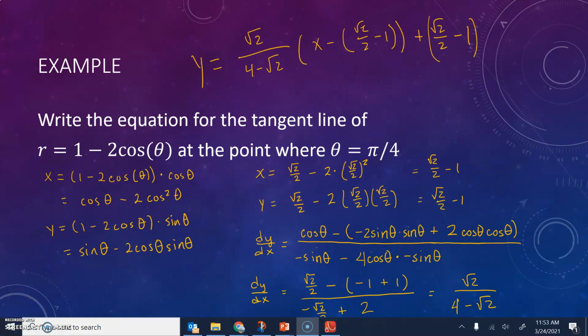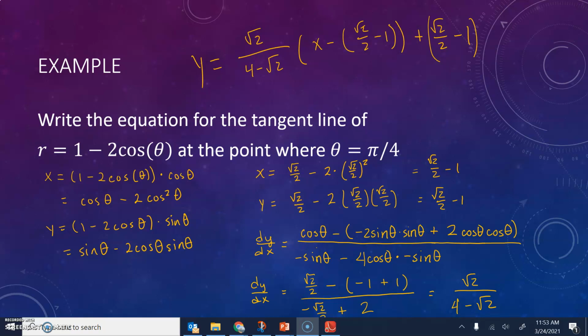So I wrote my x and y coordinates as parametrics using the r times cosine and r times sine. I found my x and y coordinates. They're not pretty, but I found them. I found the dy dx, which involved using the product rule or the chain rule, depending on how you wrote it. And then I plugged in pi over 4. This is kind of an ugly looking equation because it's got a lot of square roots of 2 in it.